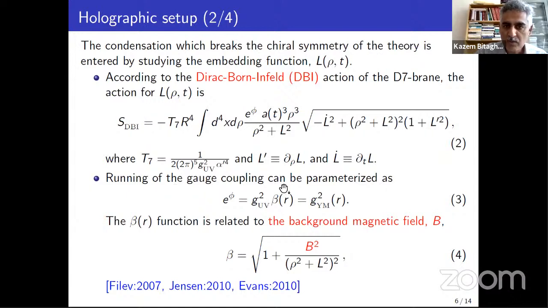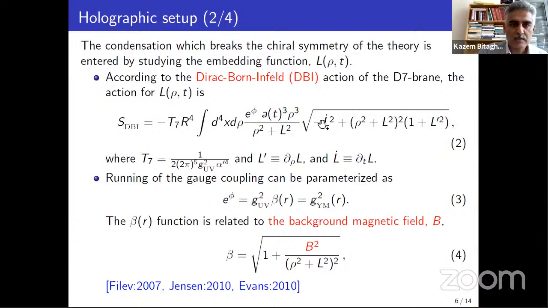The running of the gauge coupling can be parameterized as e to the power phi equals g_UV squared beta, which equals the Yang-Mills coupling here. And beta R is related to the background magnetic field B with this equation. Then it's clear that when B is changing, this e to the power phi is also changing, as is this g_Yang-Mills. This is the main assumption here, that we use this background field to break the chiral symmetry.